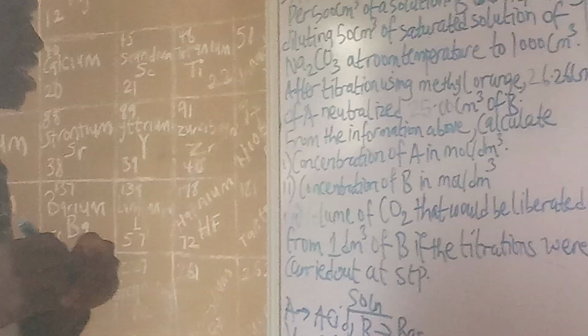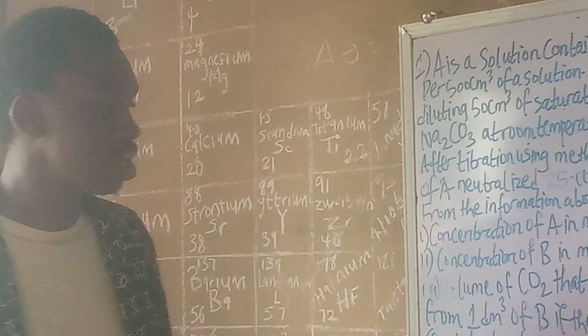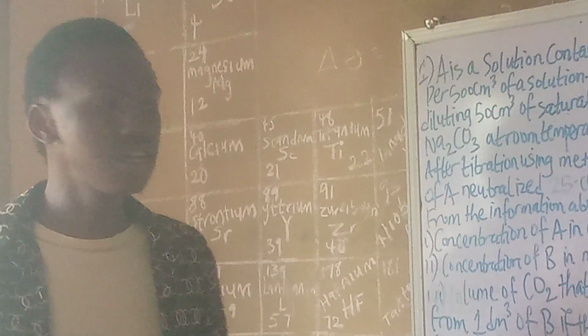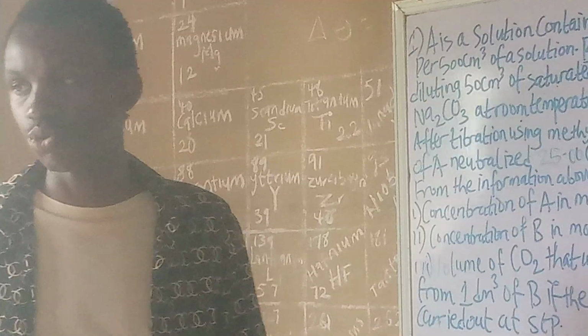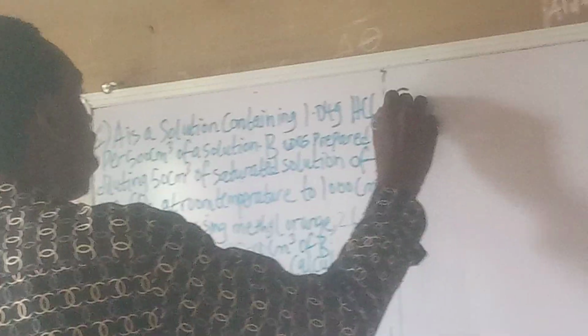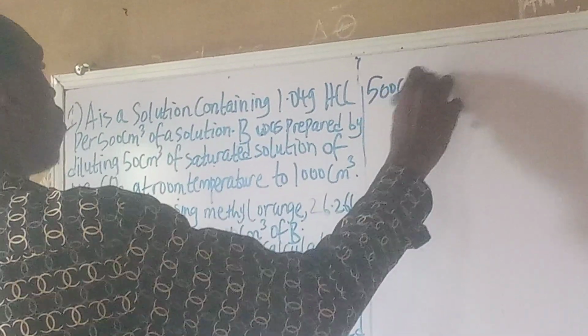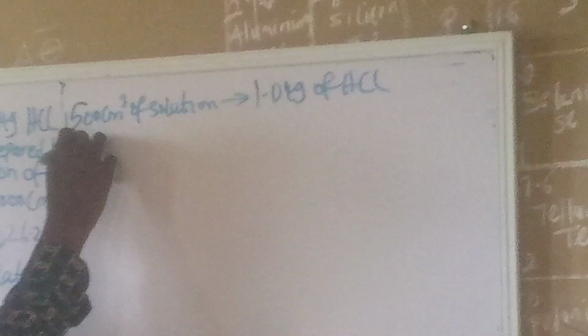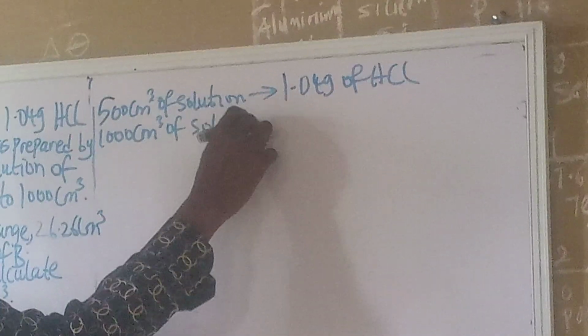As a default in chemistry, when we are talking about solutions, they are prepared to 1 dm³, or 1000 cm³ of solution. So if 500 cm³ of solution contained 1.04 grams of HCl, what should 1000 cm³ of solution contain? Let it be x.